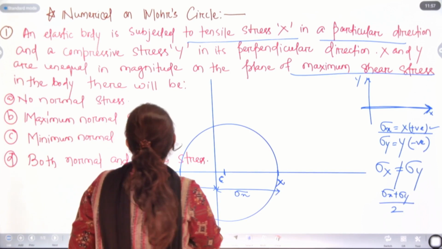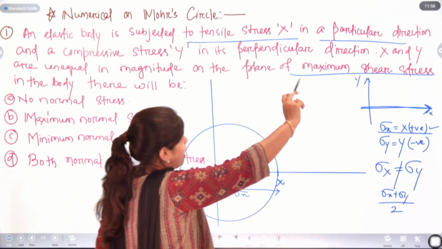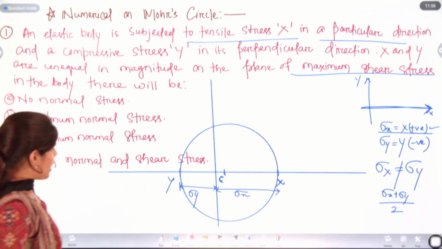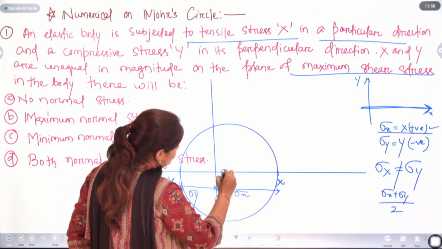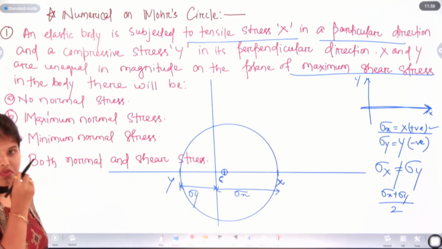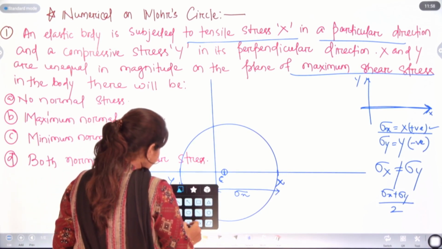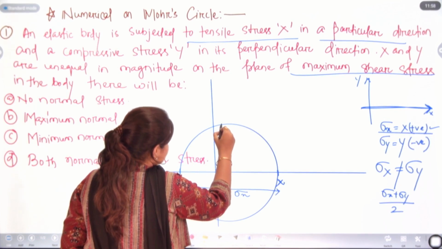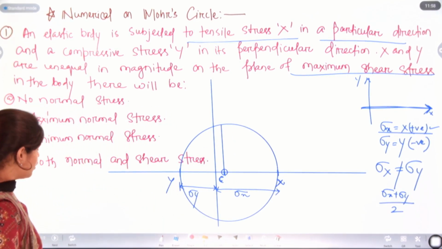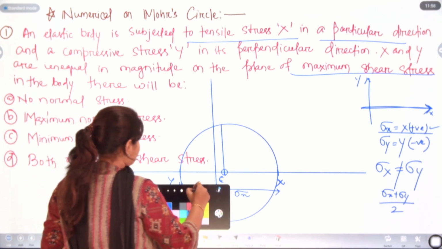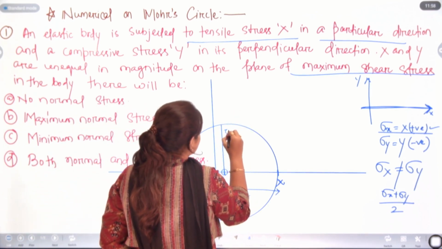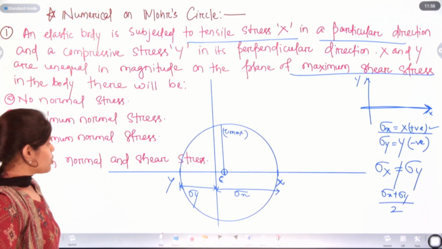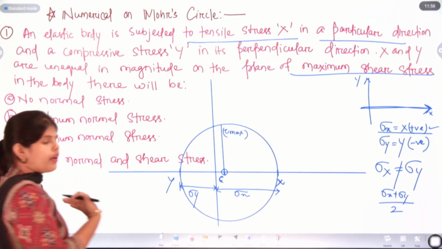So, it says, on the plane of maximum shear stress in the body, what will happen? We have the center point. So, at what point will there be maximum shear stress? If we draw one perpendicular from this center line, that will be our maximum shear stress, right? So, here we have in this point tau max, right?